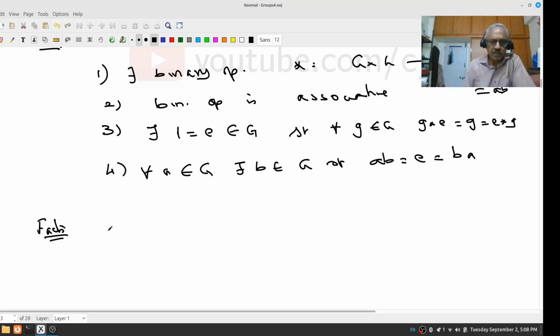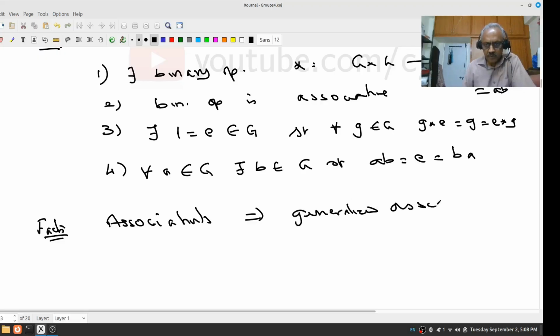These are the facts by now. Associativity implies generalized associativity. I don't want to say what it is. Second, the identity element is unique.